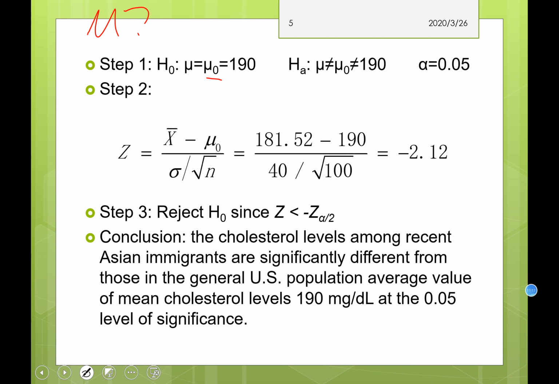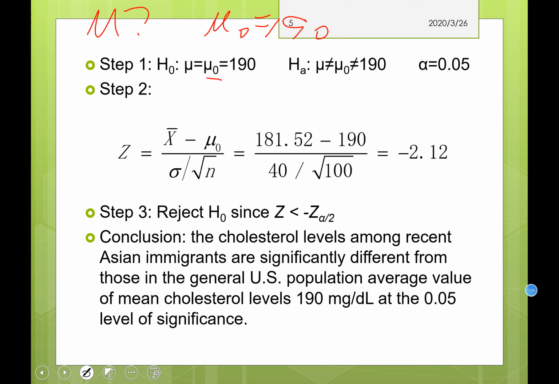And the given population, the females in the United States, that is given, right? And we already know the population mean of the given population. So here we use mu0 to represent the number of the given population. That is 190, right?